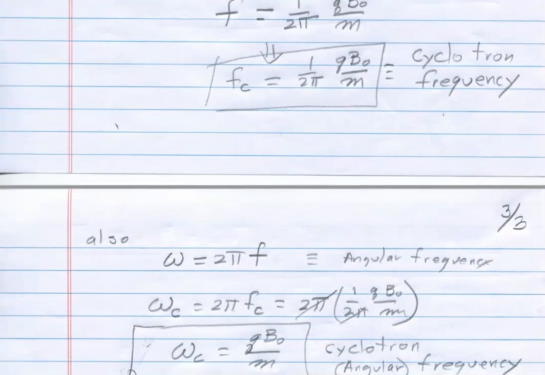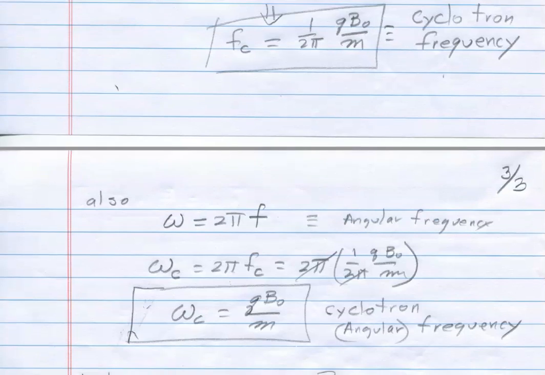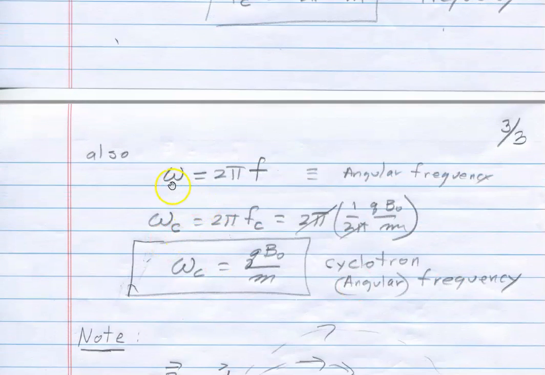Some other quantities that you've seen before from first semester. The angular frequency, remember, was 2 pi radians times the usual frequency. That was defined to be the angular frequency. And then if this is the cyclotron frequency, I just substitute in our previous expression, and the 2 pi's cancel, and you get that the cyclotron angular frequency is just q B naught over m.